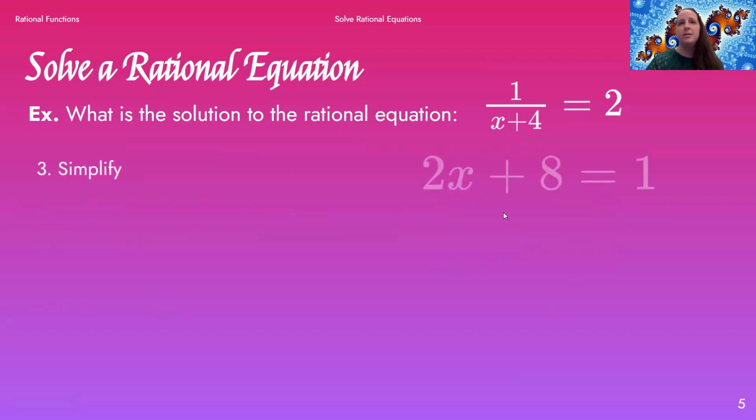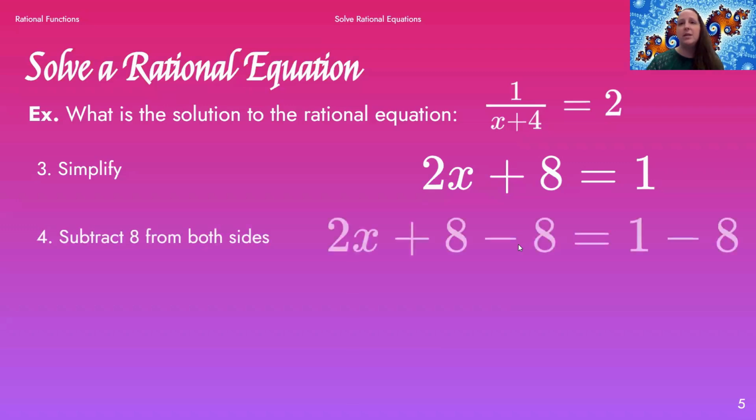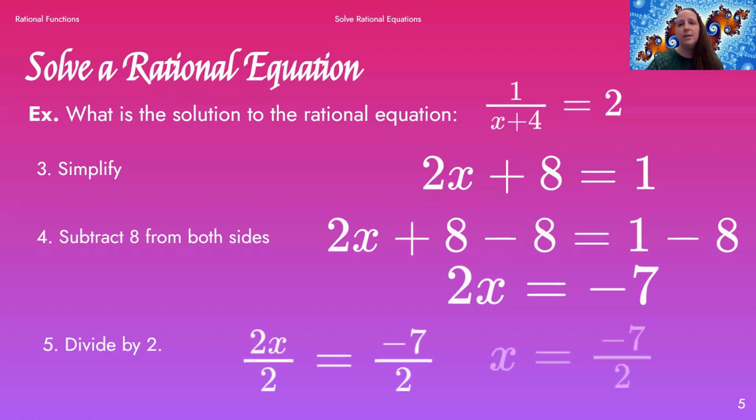So that gives us 2x plus 8 equals 1. So again, 1 times 1 gave us that 1. The 2 times the x plus 4, we distributed that 2, so we got 2x plus 8. We're going to subtract 8 from both sides, which gives us 2x equals -7, and then divide both sides by 2, which is going to give us x equals -7/2.